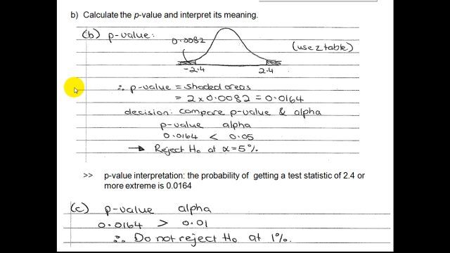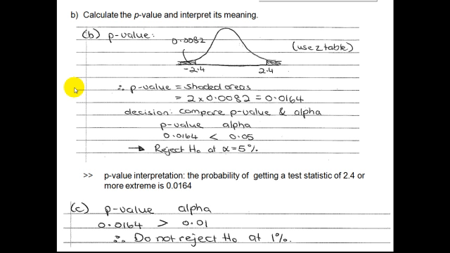So I've also marked that area onto my Z diagram. Now I've got to find that total area. That is what the p-value represents. The p-value, if you look at the diagram, is the shaded area: the upper tail above 2.4 and the lower tail below negative 2.4.